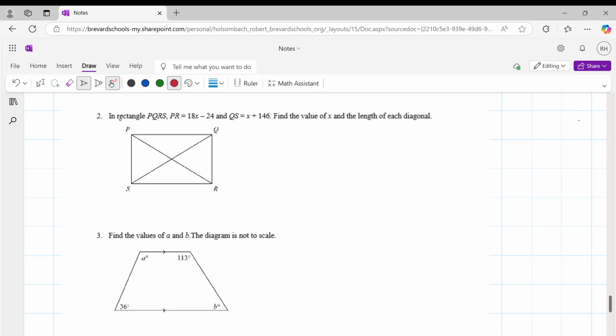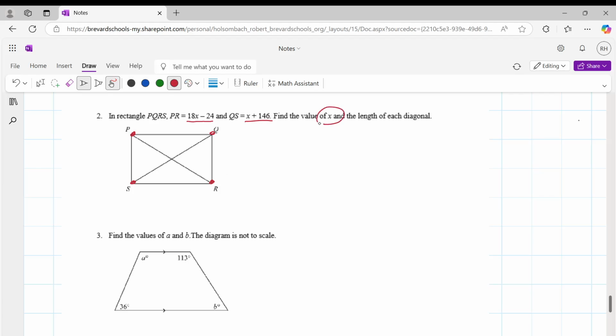And problem number 2, we've got a rectangle, PQRS. You're told that P to R, which is a diagonal, is 18x minus 24, and Q to S, which is the other diagonal, is x plus 146.